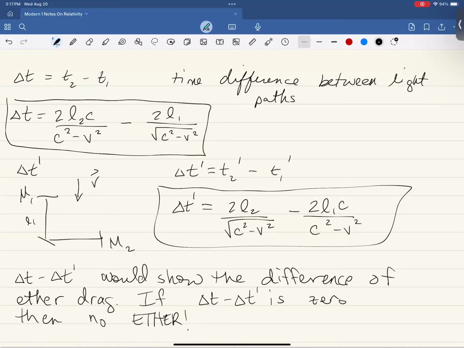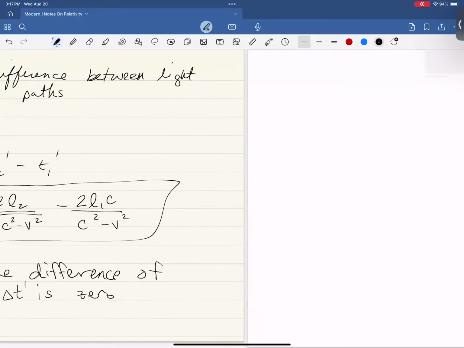All right, so let's do the math. We have these two equations. It's relatively straightforward algebra. It's not always fun to do, but it's very doable. So let's do our delta T minus delta T prime and see what we get.